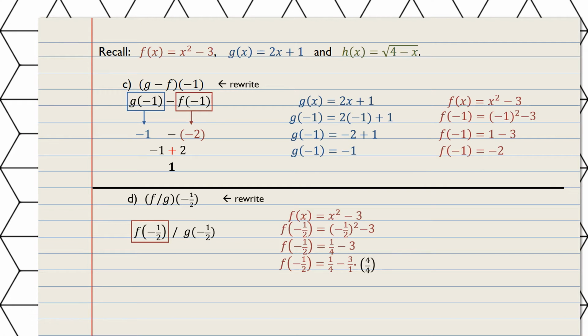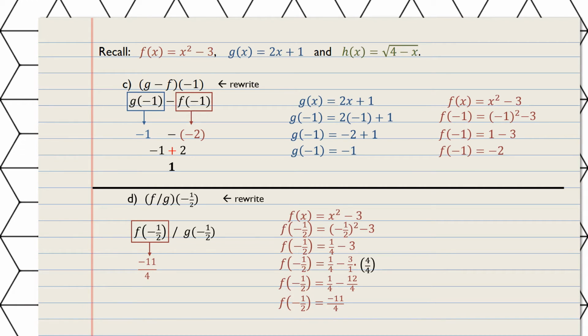And so when we multiply 3 over 1 times 4 over 4, that creates an equivalent fraction of 12 over 4. Now our two fractions have the same denominator, so we can now perform subtraction. We keep the common denominator of 4 and we subtract the numerators, which gives us negative 11 over 4. And that will take the place of the f function.